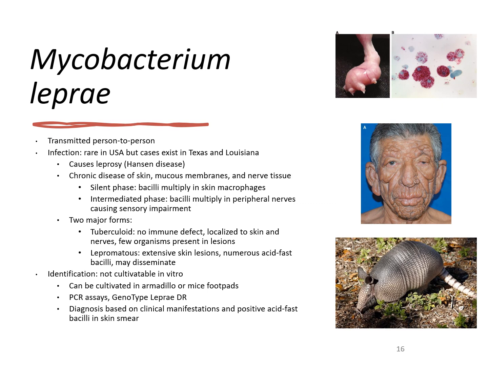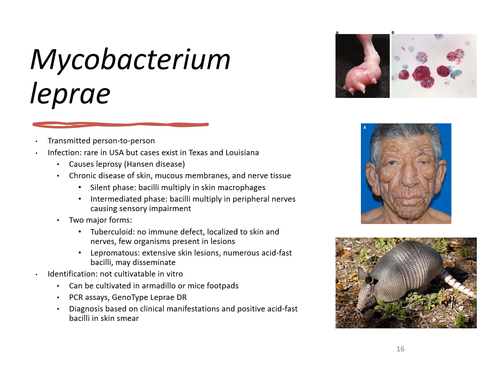Mycobacterium leprae is transmitted person to person through inhalation or direct contact with someone who has an infection or infectious skin. Infections are rare in the U.S., but there are still some cases seen in Texas and Louisiana. This organism causes what we know as leprosy or Hansen disease.